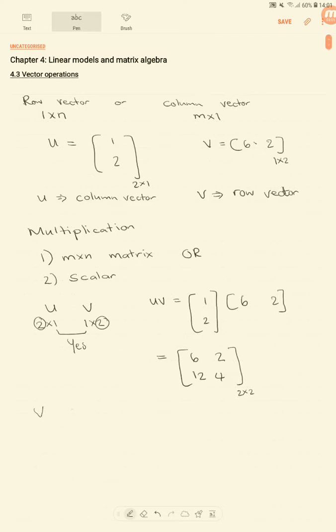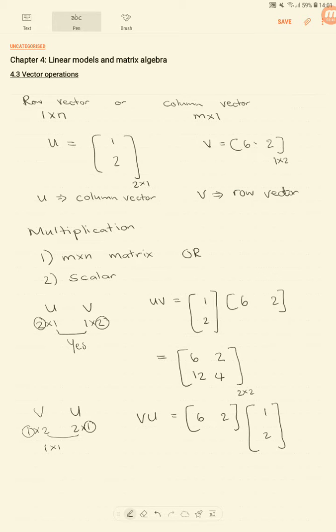If we have VU, V is 1 by 2, U is 2 by 1, so check conformability. Yes, V's columns equal U's rows. What will we end up with? A 1 by 1 matrix. So V times U will be equal to 6 and 2 times 1 and 2.